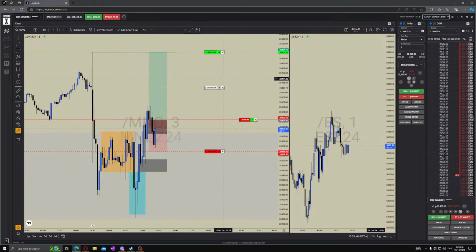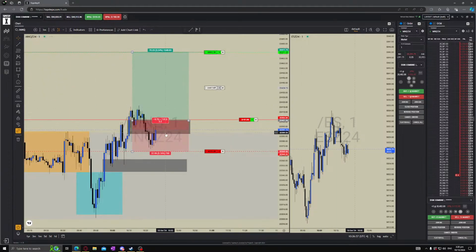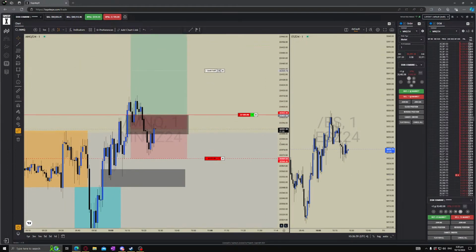Let's see if we gain some momentum. If we gain some momentum now, then yeah, probably our idea is right. We're going for the high. It's just probably going to take a while. Let's see if we can invert this back.